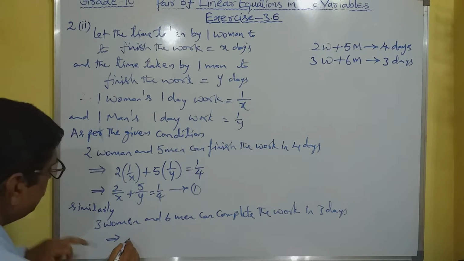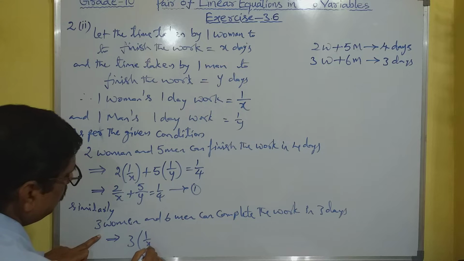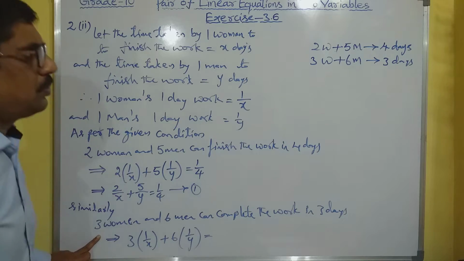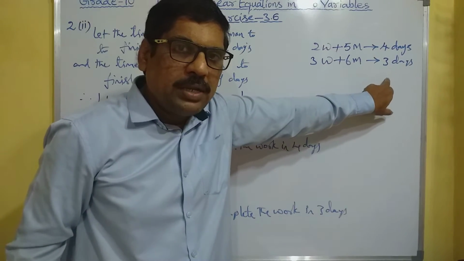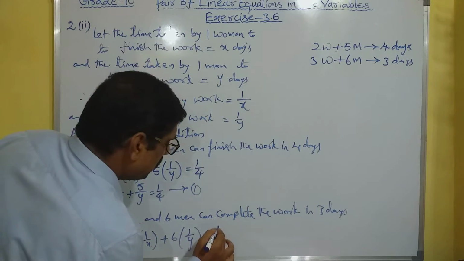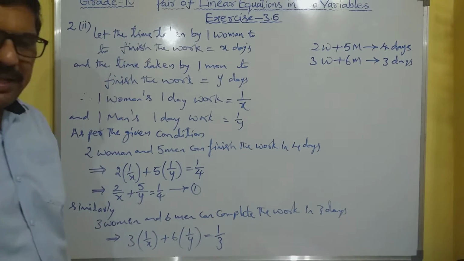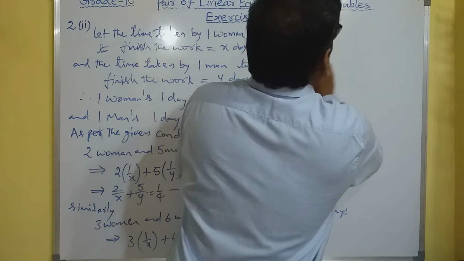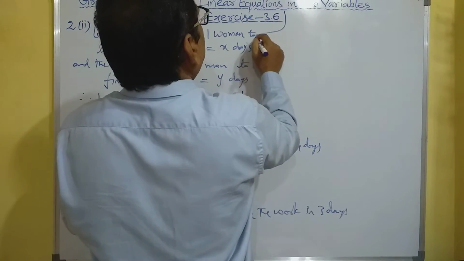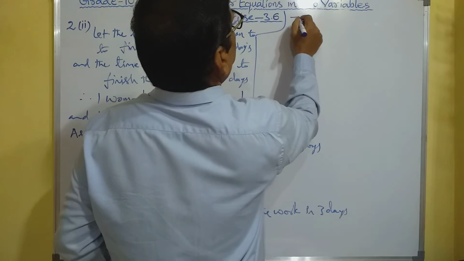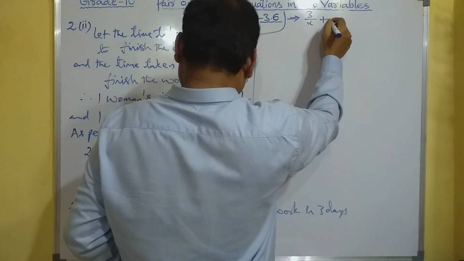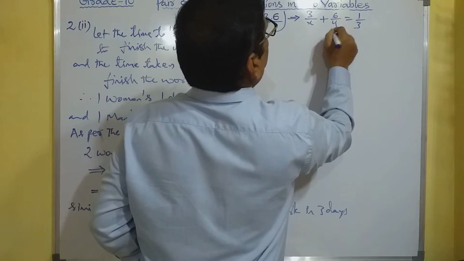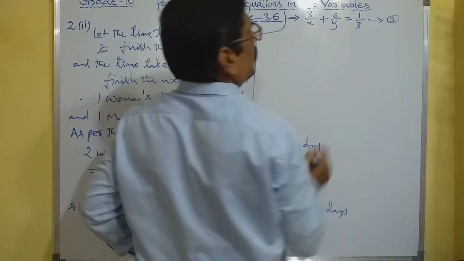This implies we can take 3 women, 3 into 1 by x plus 6 men, 6 into 1 by y is equal to, they could complete the total work in 3 days. So the part of work they could complete in 1 day is 1 by 3. Now look at this. This implies 3 by x plus 6 by y is equal to 1 by 3. So this is the second equation.